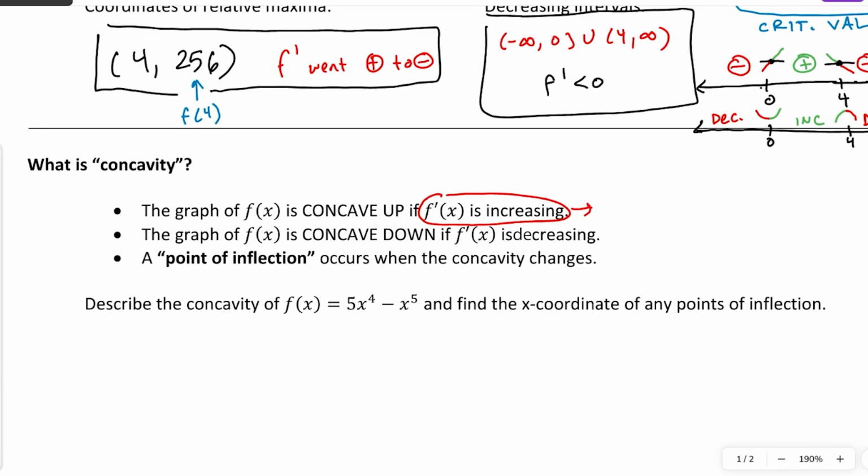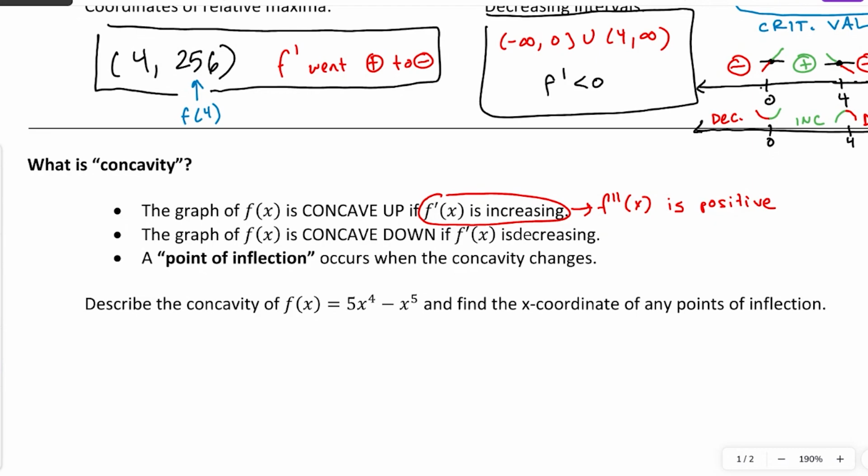So if f is increasing, f prime is positive. If f prime is increasing, that means that f double prime is positive. So anywhere that f double prime is positive, the original graph f is concave up.